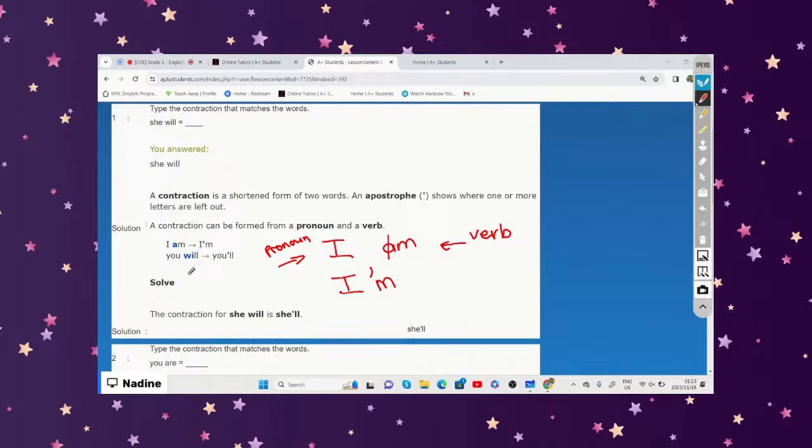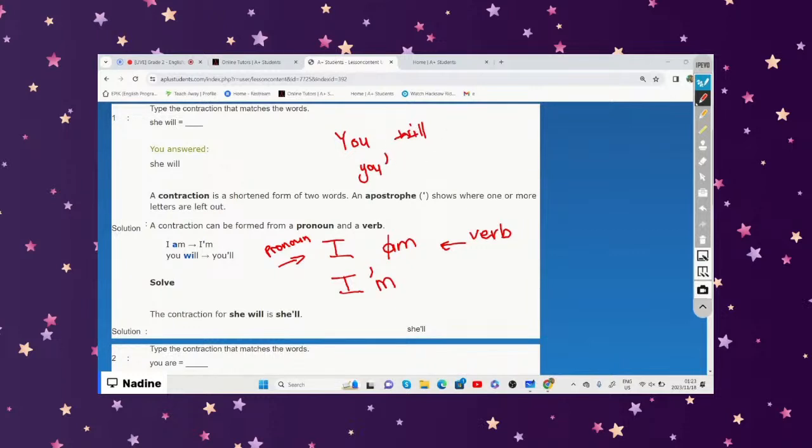And the same with you will. There we have you, which is our pronoun, and will, which is our verb. We bring down you, which is our pronoun, that stays the same. And we basically remove the W and the I of will.